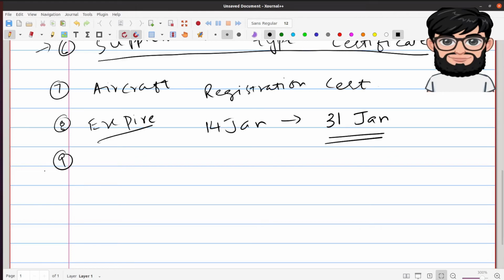Okay. We also wanted to cover where you can find the information on the placards and marking information required to be in the airplane.